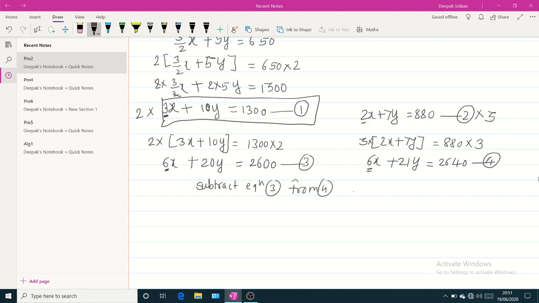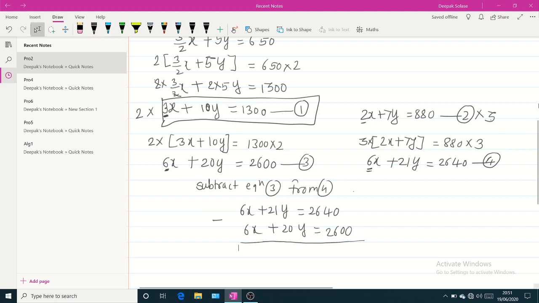Equation 4 is 6x plus 21y is equal to 2640. Now I'm subtracting equation 3, that is 6x plus 20y is equal to 2600.